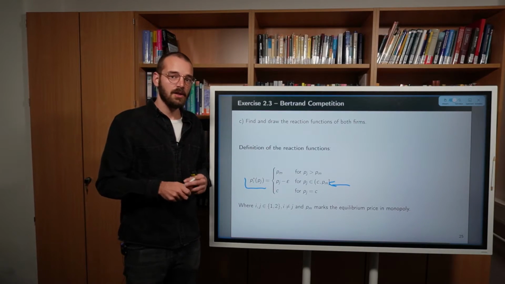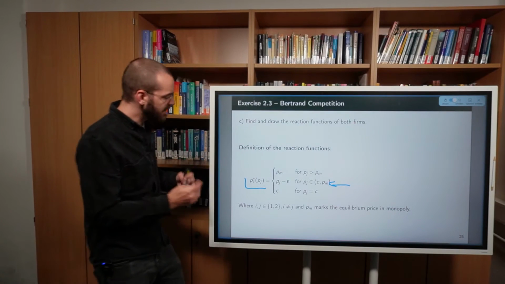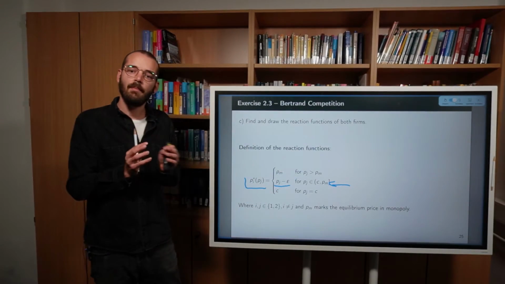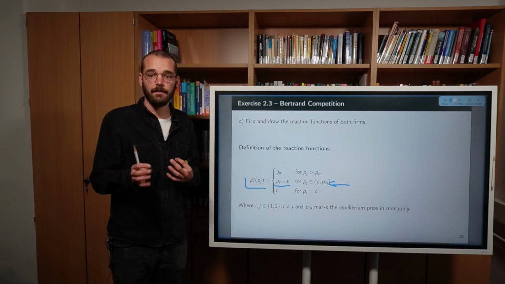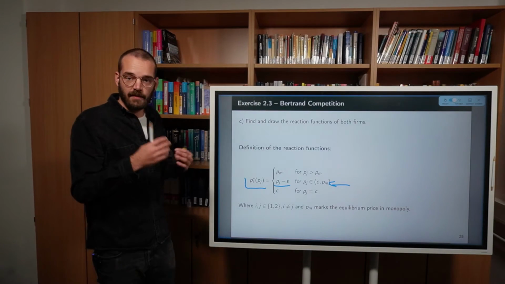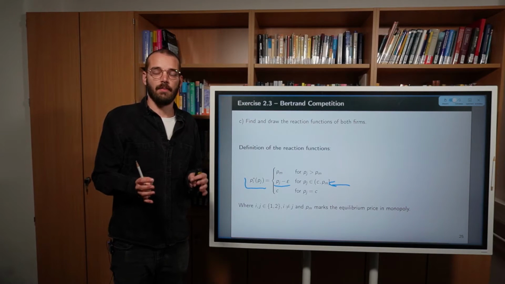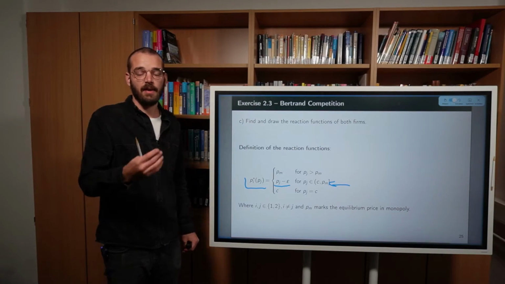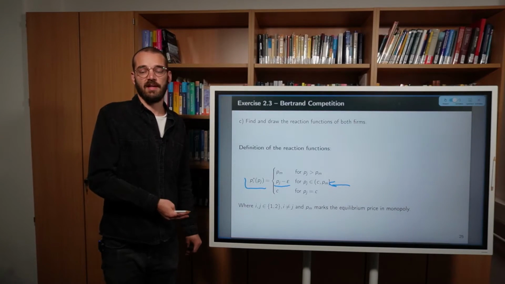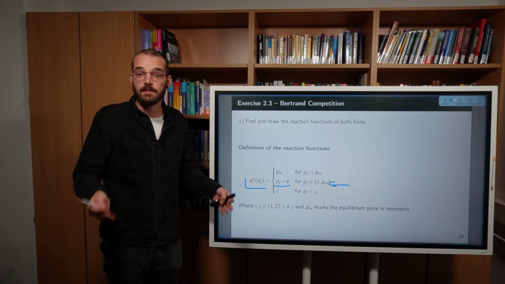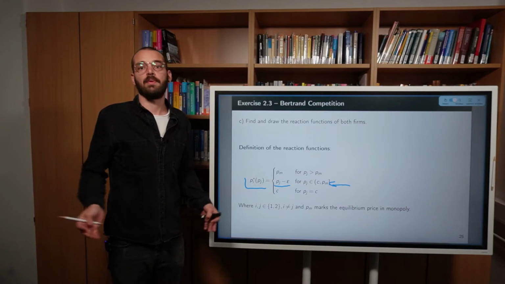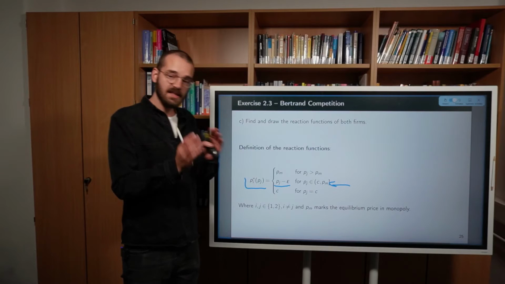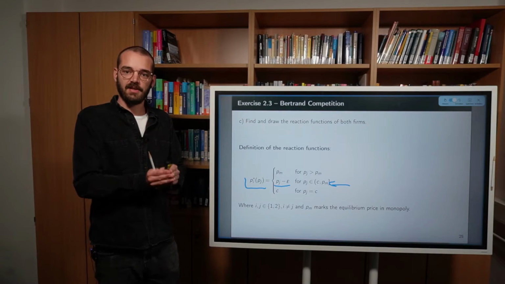So it's always profitable to slightly undercut, set a price that is lower by some marginal amount epsilon. As soon as we set this marginally lower price, of course, the whole demand is served by the undercutting firm, and thereby the whole profit in the market goes to the undercutting firm, and the other firm that has been undercut has zero profits because it's not selling anything. Okay, that's what's happening in this intermediate interval.